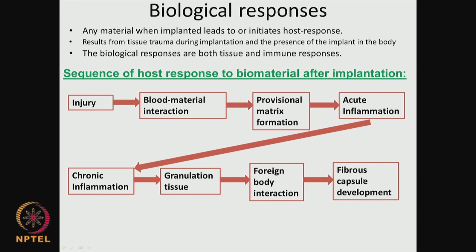The whole fibrous tissue tries to encapsulate your entire biomaterial. So, that is a lot of defense happening. You have inflammation taking place here, the acute and the chronic inflammation, and then a lot of immune response taking place here. And here you could have blood material interaction, platelet activation, and thrombosis forming; all those things can be happening here. Okay. So, we will look at each one a little bit more in detail.